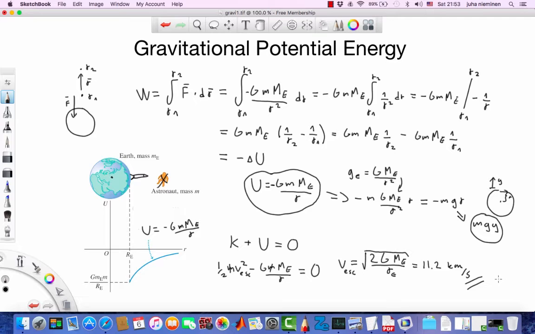In other words, not even light could escape the gravitational pull of that object, and it would be invisible. And that led to a concept called the black hole. And although the black holes haven't been observed directly, there is building indirect evidence that they indeed do exist, and there's a massive one in the center of our own galaxy.